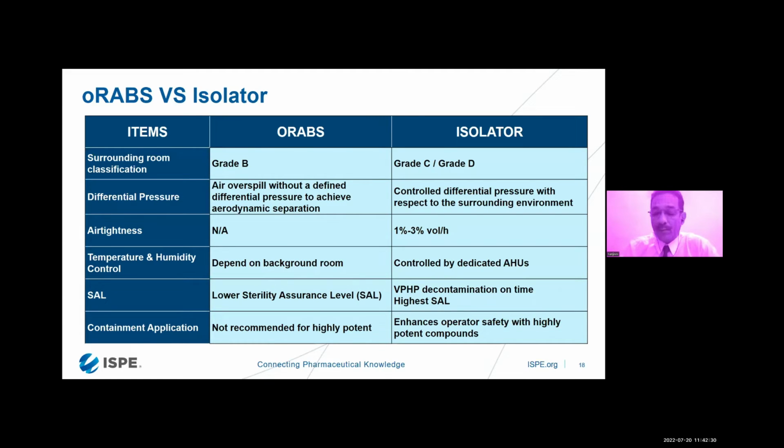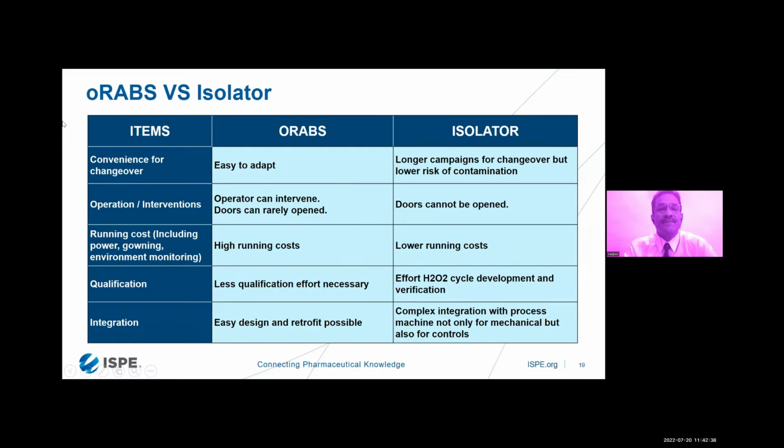Okay, now we move on. In the case of changeovers, it's very easy to do changeovers when you are working with ORABS systems. In the case of isolators, you'll have longer campaigns between changeovers, but of course there will be a lower risk of contamination.